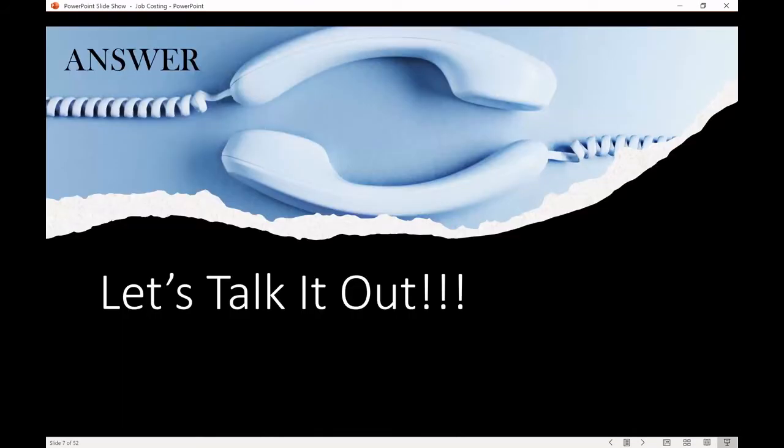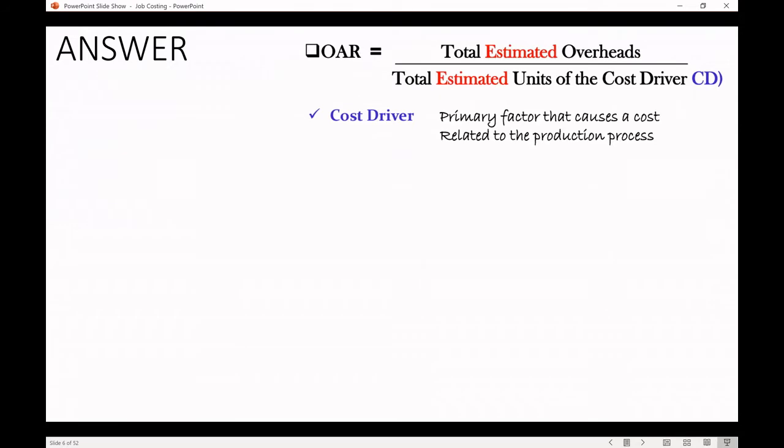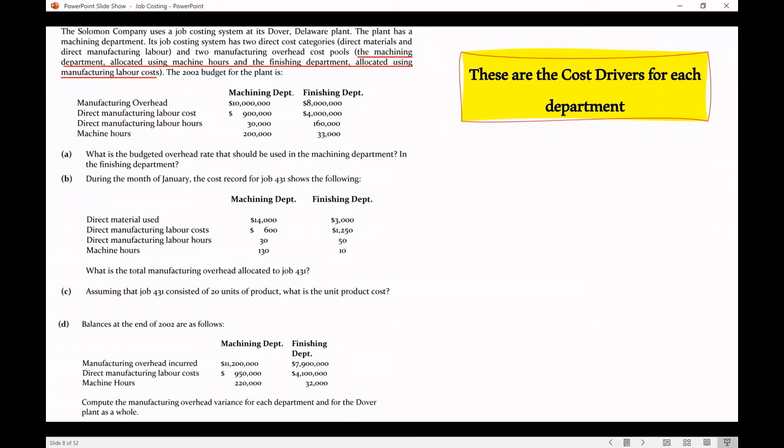Going back to the question, let's talk it out. So what do we have? We know the formula: total estimated overheads divided by total estimated units of the cost driver. We know what our cost drivers are.